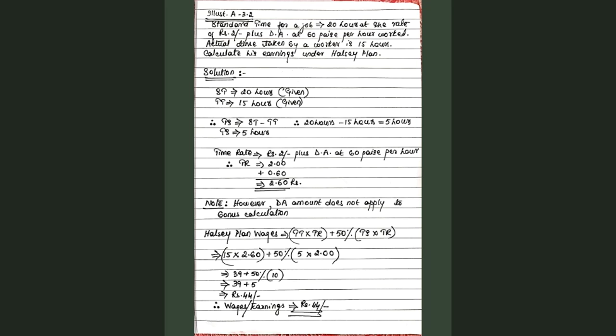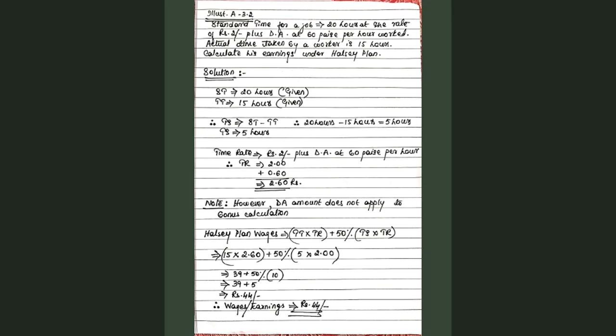By now, all of you would be remembering the Halsey plan formula for calculation of wages. We have discussed in many previous problems that the formula for calculation of wages is time taken into time rate plus 50% of time saved into time rate.